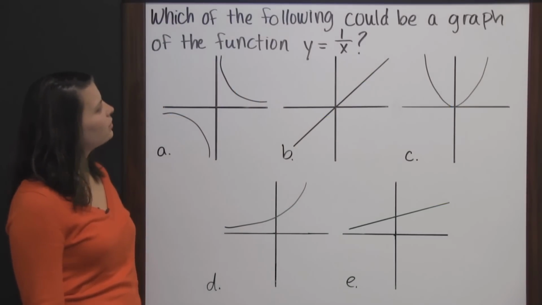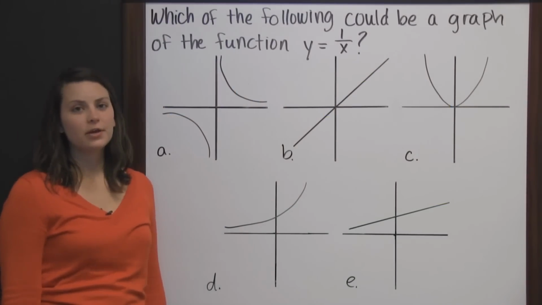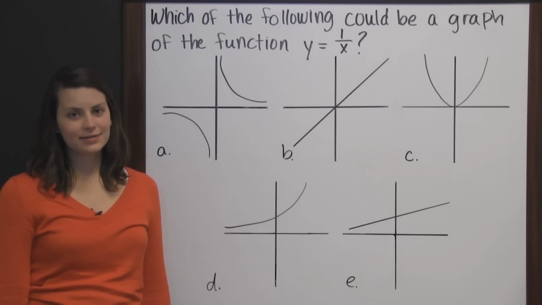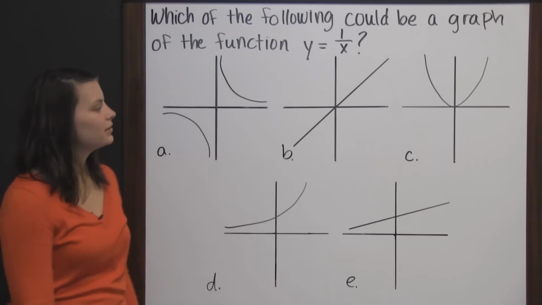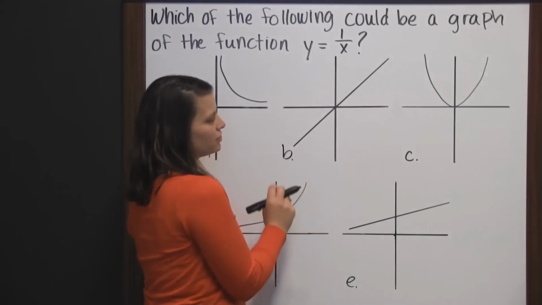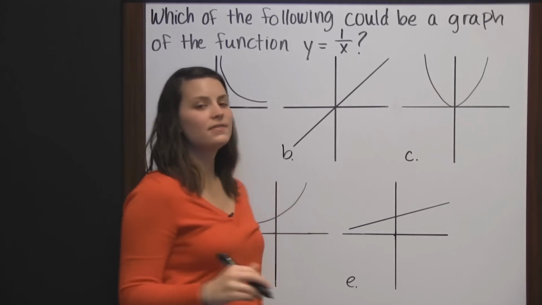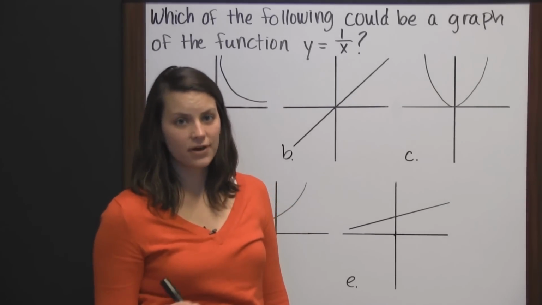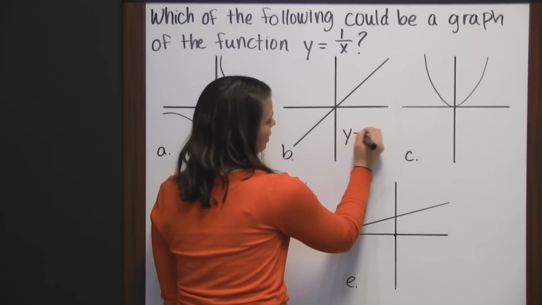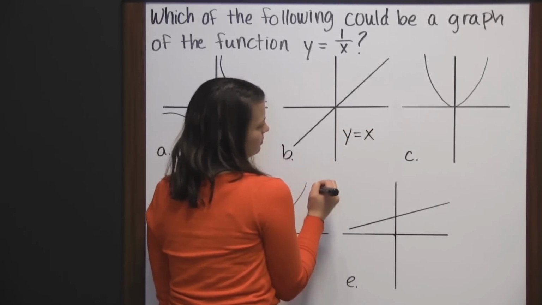Which of the following could be a graph of the function y equals 1 divided by x? Let's start with B. This is a linear function. In fact, it even looks like the parent function of a linear function, which is y equals x.